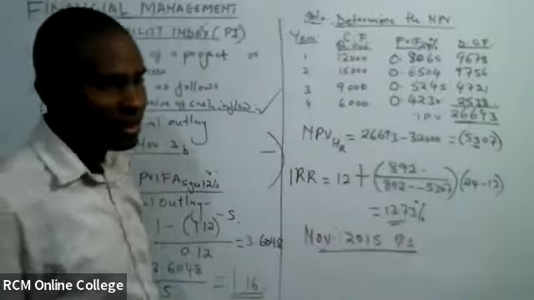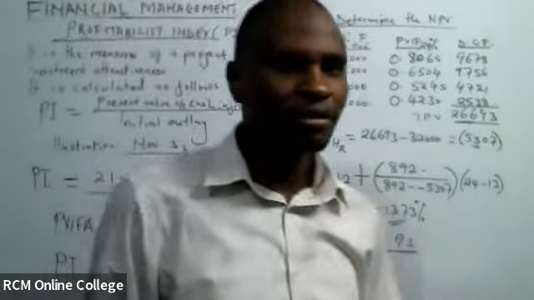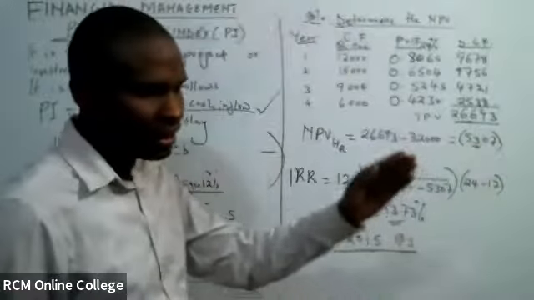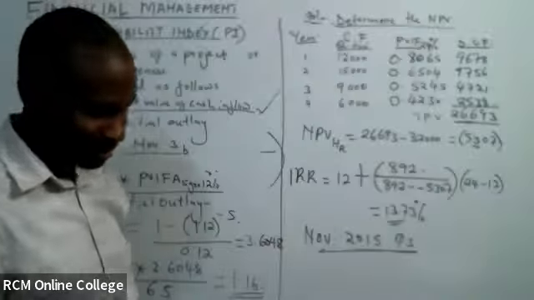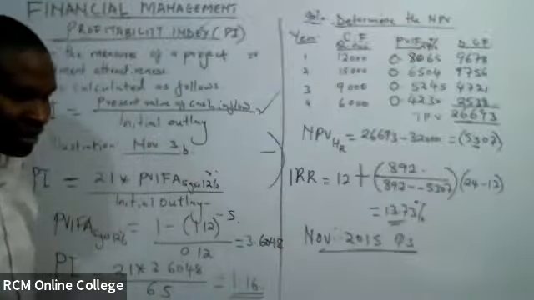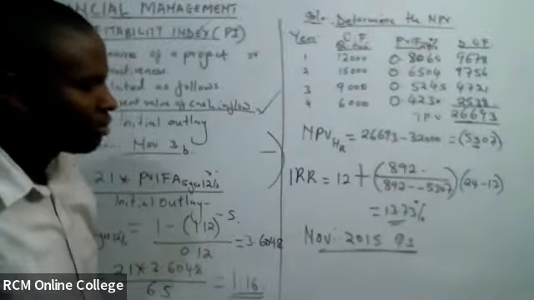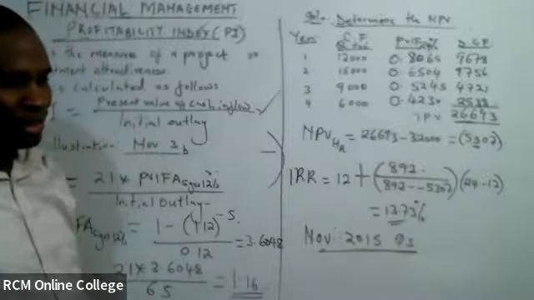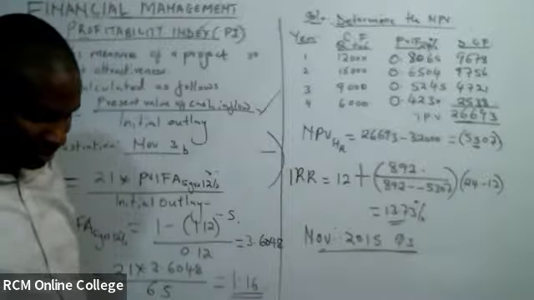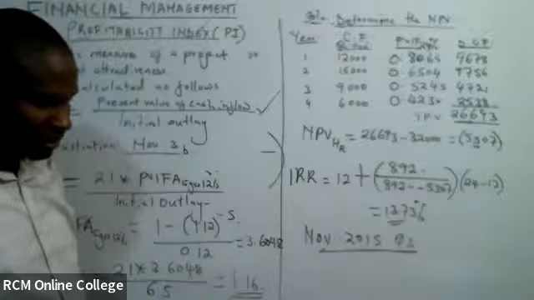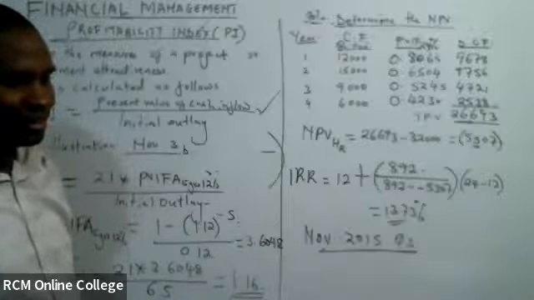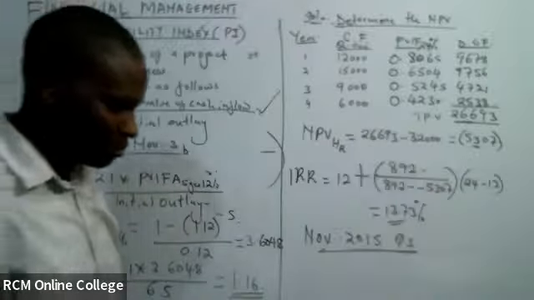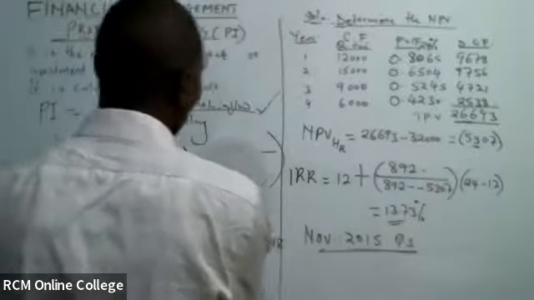If the PI is greater than 1, accept. If it is less than 1, reject. If it is equal to 1, may accept. That's all, and we're done. Hope you understand. Please tell me, what should we do to this project? Should we accept? Yes, because the PI is greater than 1.